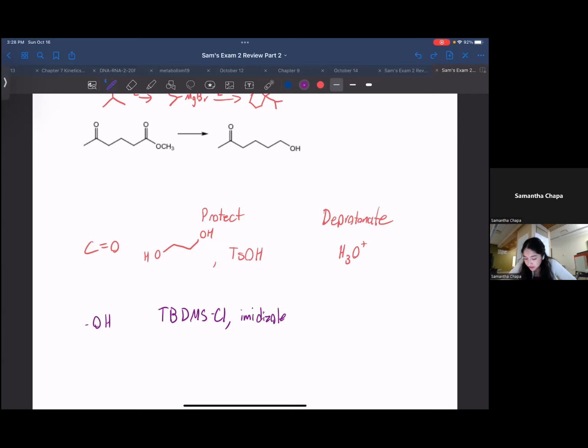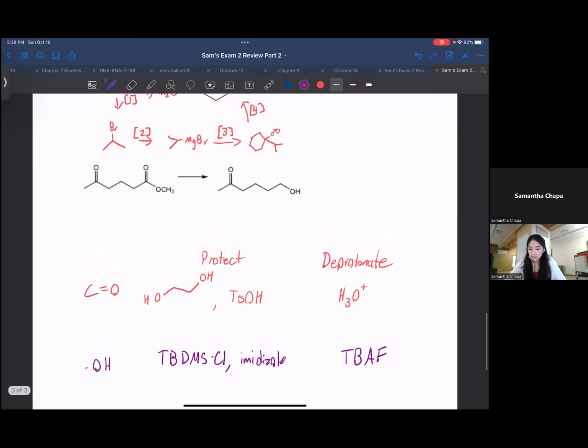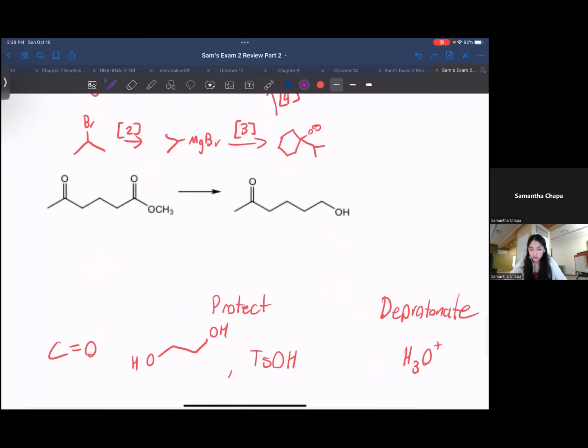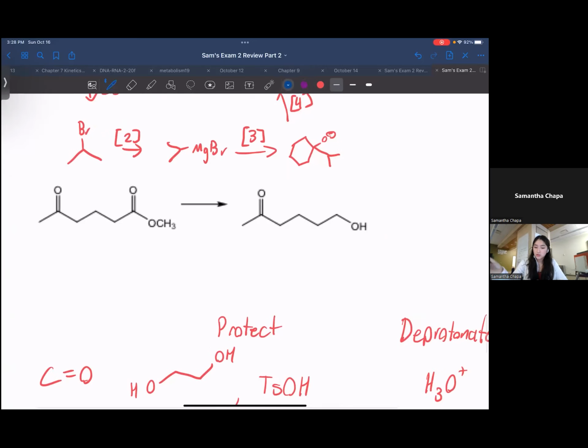And the deprotector for this one is TBAF. And these are also important structures that we want to know. And structures would be part 3 of this review. So for nomenclature, yeah. These are just ones to keep in mind, and this will help you with this problem.